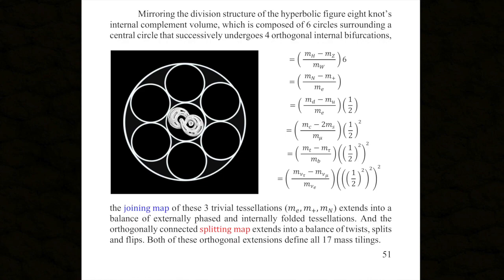And the orthogonally connected splitting map that's there at the same time, it extends into a balance of twists, splits, and flips. It's a purely geometric constructive arrangement we're talking about here, right? But both of these orthogonal extensions, both the extension of the joining map and the splitting map, define all of the 17 mass tilings. They select them all.